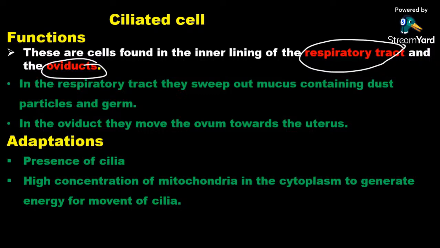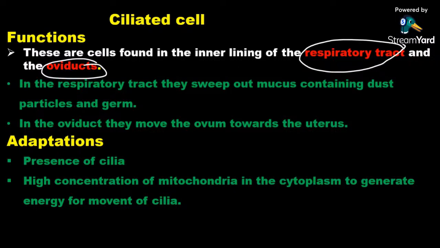But you might be given a scenario or a diagram where the part mentioned is the oviduct, a reproductive organ in women. Then you cannot give the function of the respiratory tract. They perform different functions in these, so be able to tell whether it is an open question or one that requires you to be specific to the organ presented.